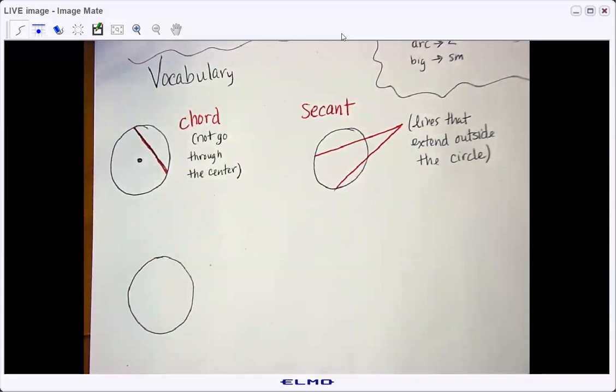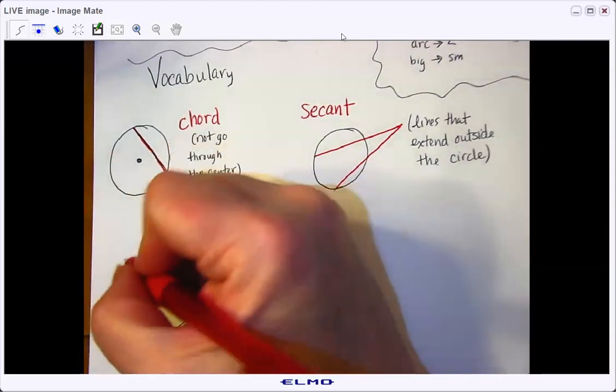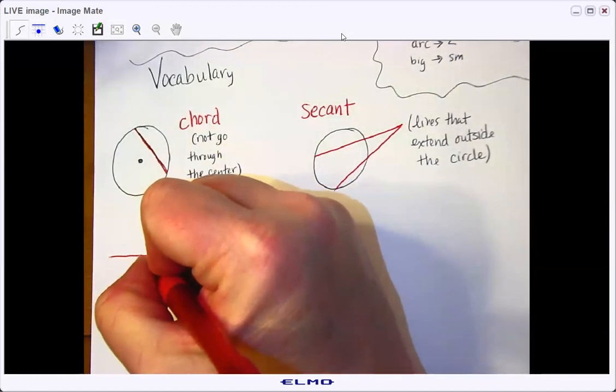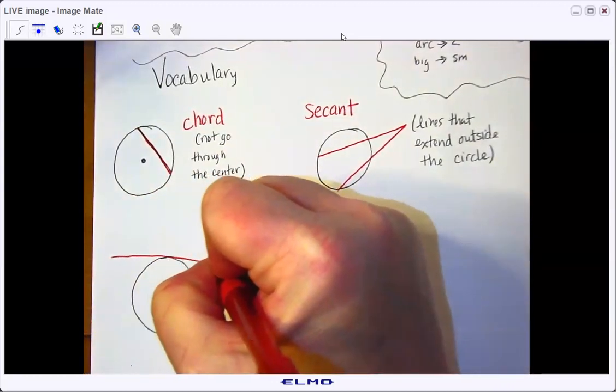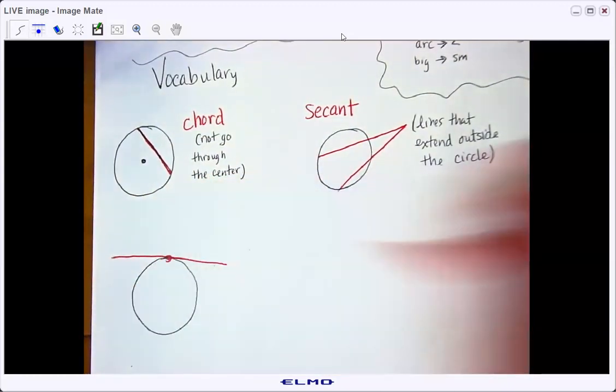We have a circle. And we have this line. And it can be anywhere on the circle, but it's going to just touch the circle at one point.